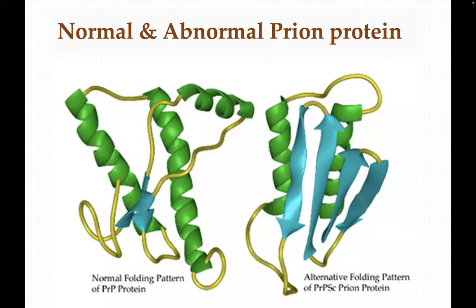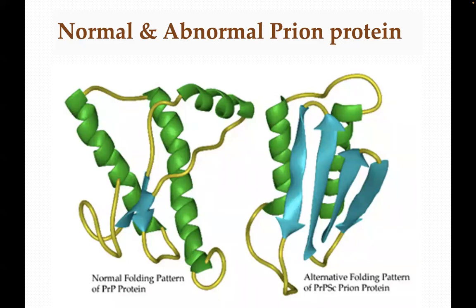For the abnormal prion protein, we can see the dominant folding format is beta pleated sheets and less alpha helical. I hope we can appreciate that. We know that the function of a protein is determined during the folding, during the tertiary level.